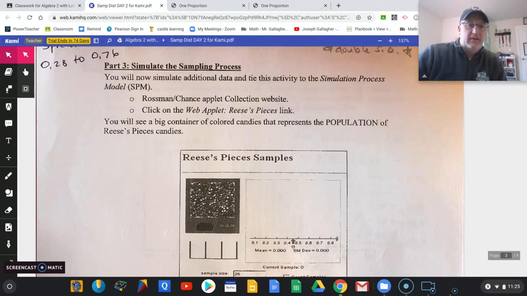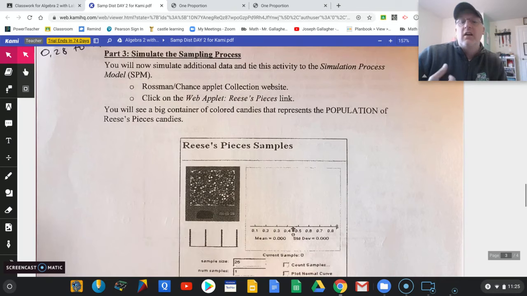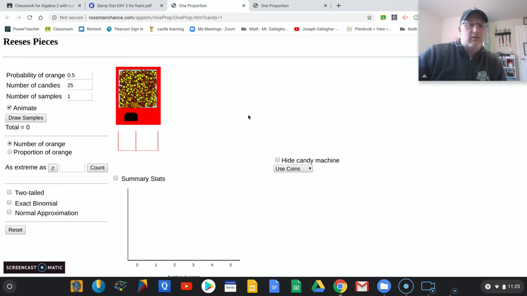So let's talk about the simulation of the sampling process. Because you're not here, I think this is better. Again, I have the link in Classroom for you, and you can go there. What we can do is actually run this test. I'll explain this 0.5 to you in a minute on the next page. But let's go ahead and take 25 candies like we did before, and we draw one sample. Let's start at the back of the classroom this lesson. Let's say this is Robert's sample.